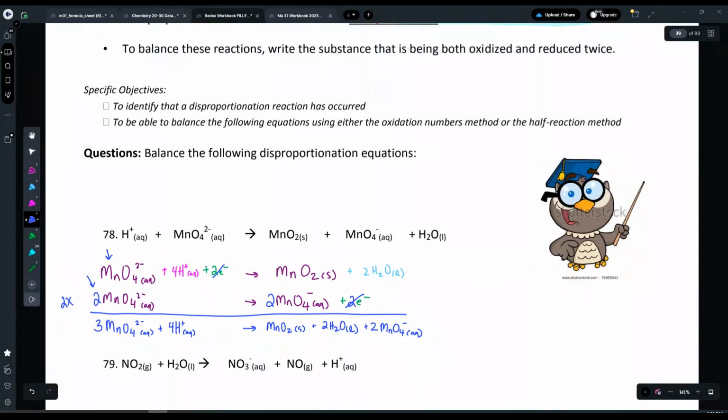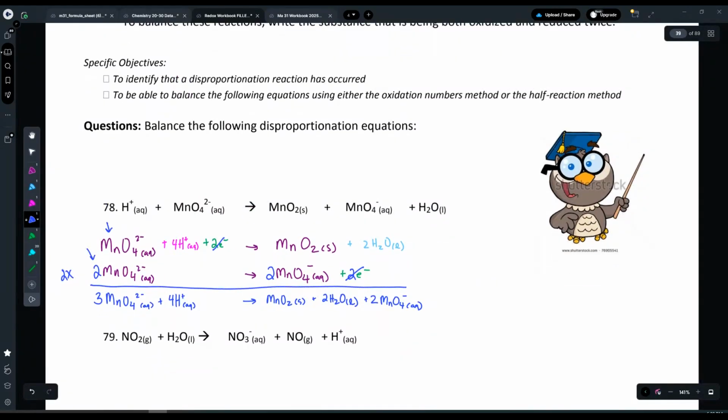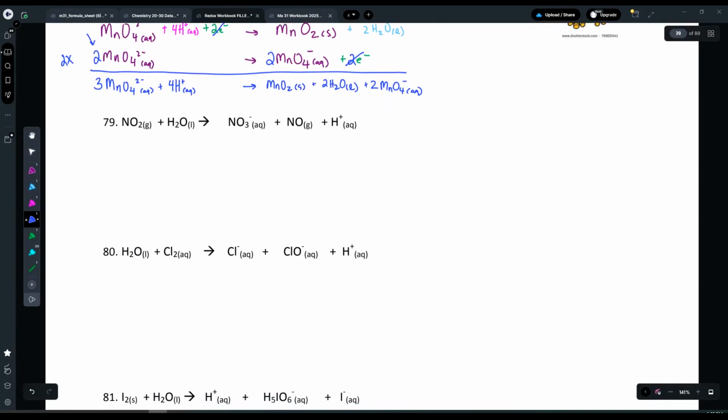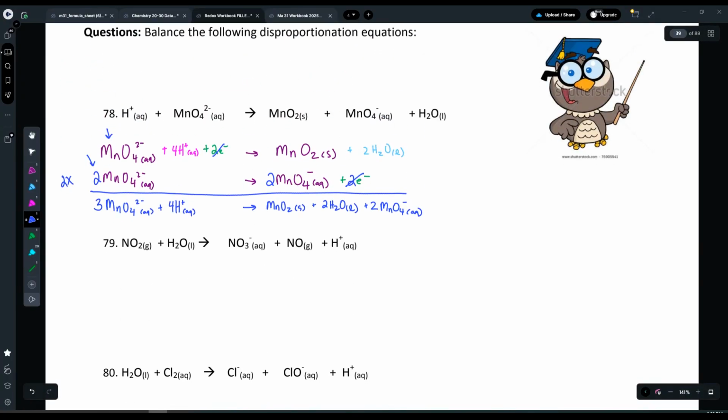All right. So all of these practice questions are going to be very similar to the example that I just did. Figure out what your 2 half reactions are. Balance everything that isn't oxygen and hydrogen first, then balance oxygen using water, then balance hydrogen using H+ ions, and then balance the total charges using electrons.